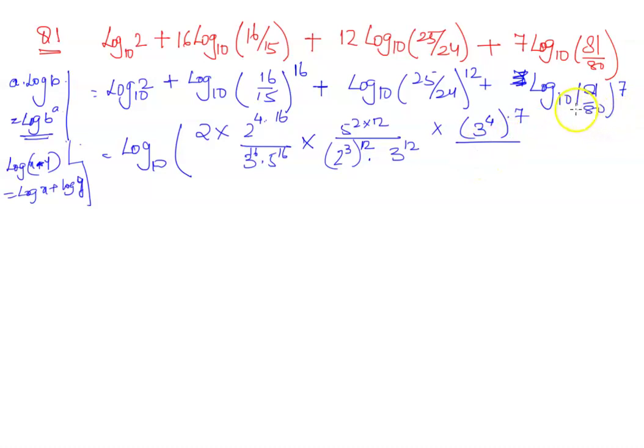So we can write 80 also as 40 into 2, or 8 5s are 40, or 16, so we can write 40 into 2, which is basically 5 into 8 into 2, which is 2 raised to the power of 4, and then the 7 into 5 raised to the power of 7, right?